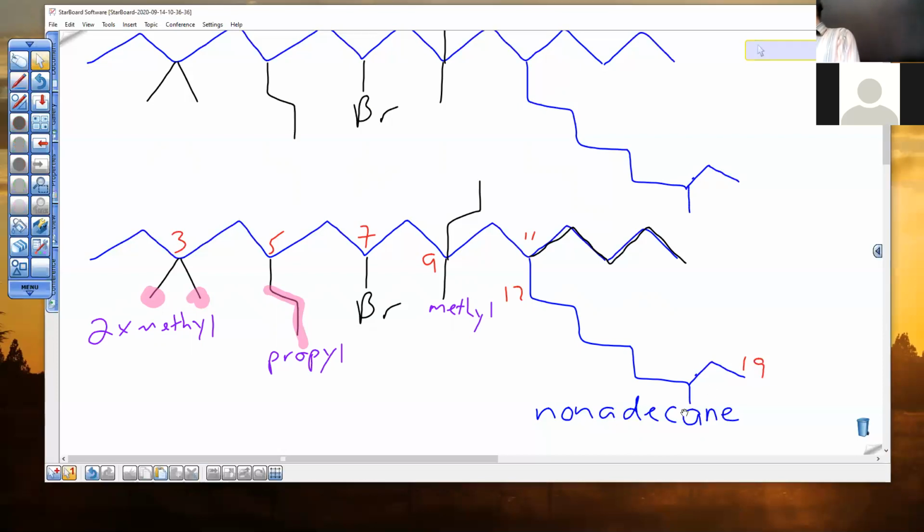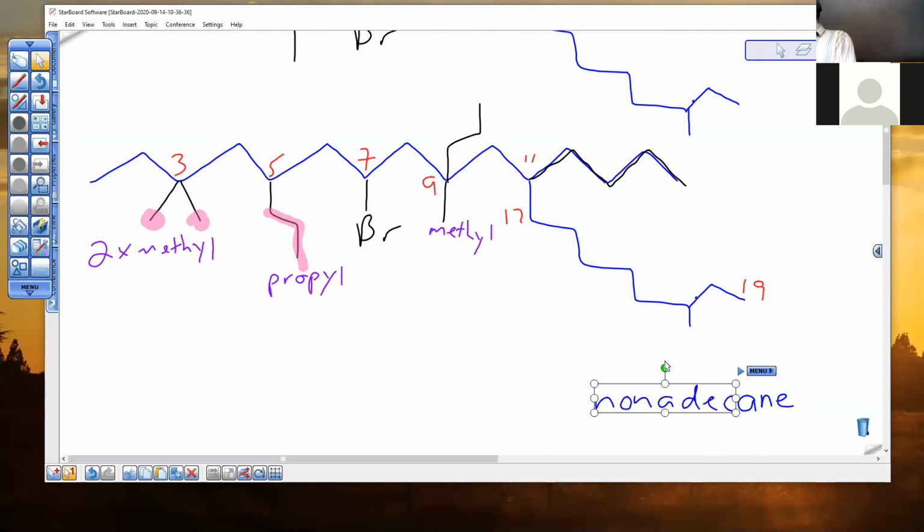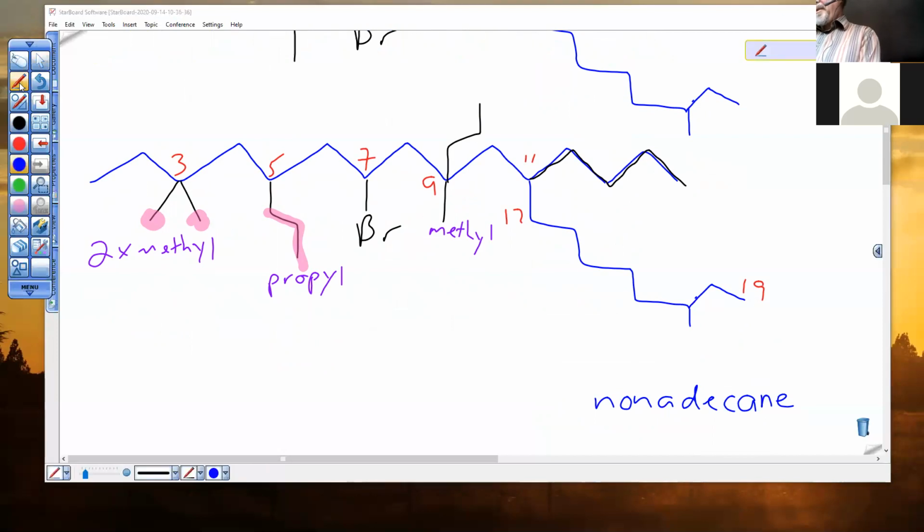And move my nonadecane piecewise. There we go. And that also is a methyl. I did it for the purpose of making it a better example. And I need my highlighter. So we have a methyl down. Oh, that's not a highlighter. Highlighters are here. Methyl.